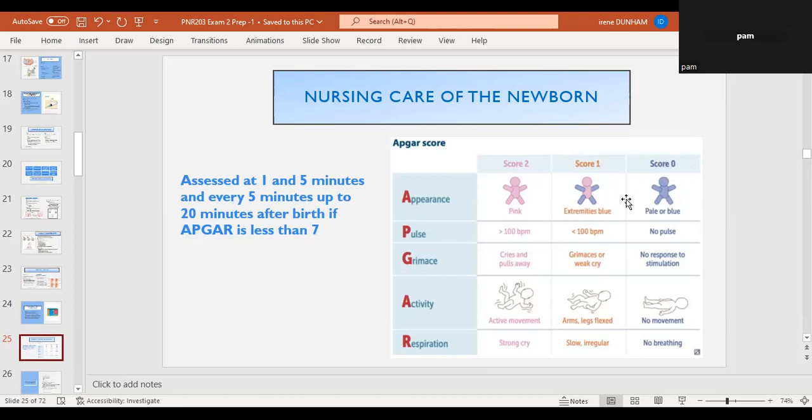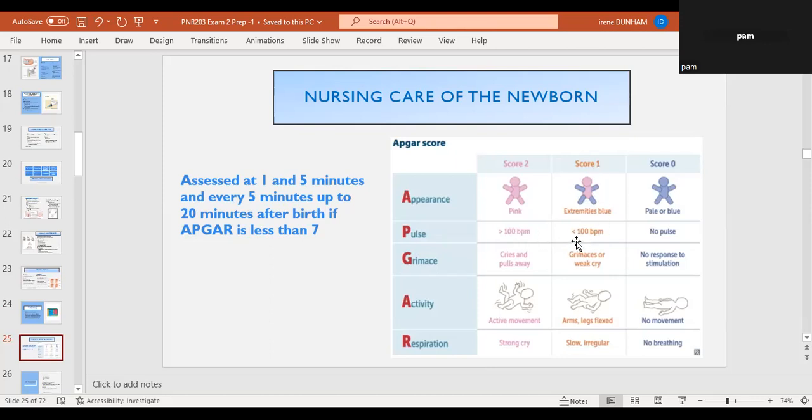Because this baby is not circulating like it should. The blood's not circulating like it should. So there could be something going on with this baby. All right, then you come down to pulse. So we're going to assess the pulse. If it's greater than 100, I'm going to give this baby a 2. That means we did our job very well during the labor and birth process.